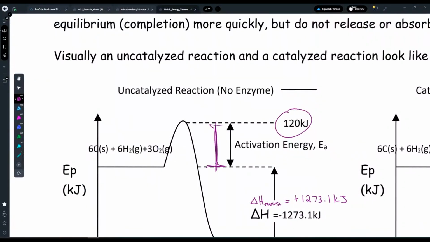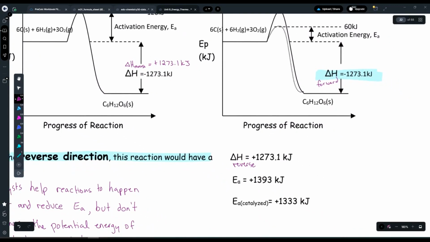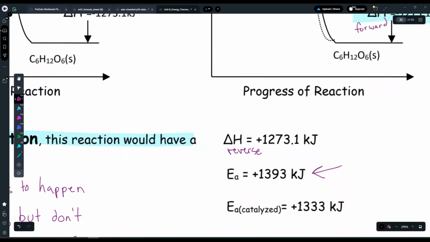So we're only told this difference in energy. We're not told exactly what the potential energy of the top of the diagram is. That's why I'm doing it a little bit differently than what I said before. Adding 1273.1 plus 120 is how they're getting the EA for the reverse reaction.